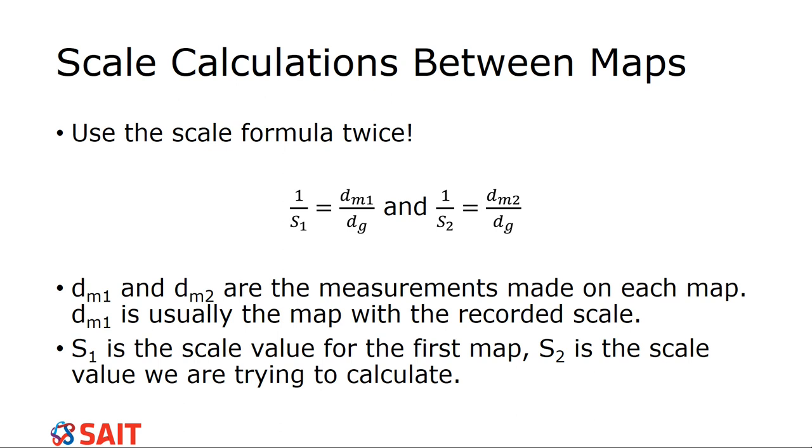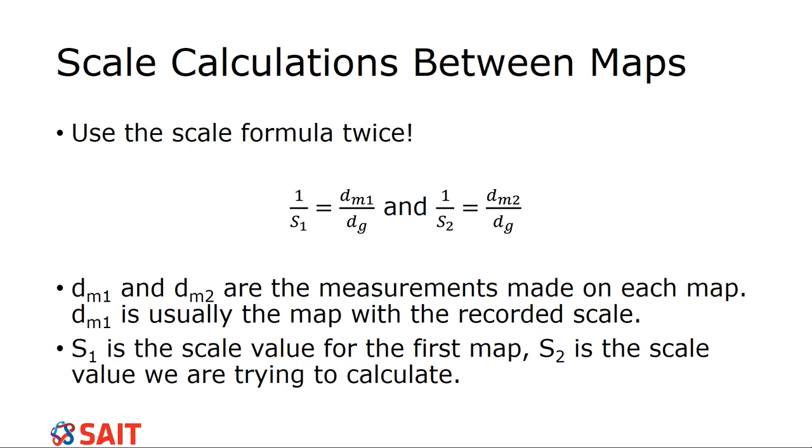But dg always stays the same. If I measure from Campus Center to, let's say, Thomas Riley or 16th Avenue on the same map, and then I go to another map that has a scale and I measure it, it's a different value on the map because it's a different scale.